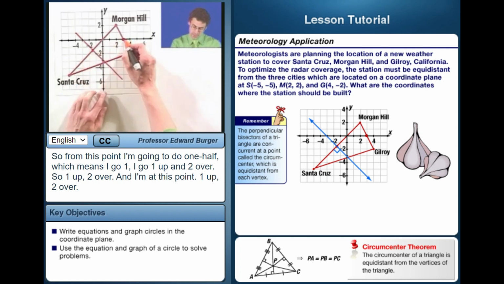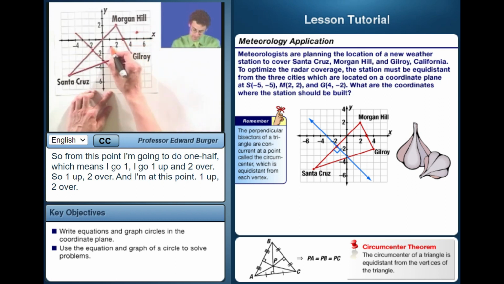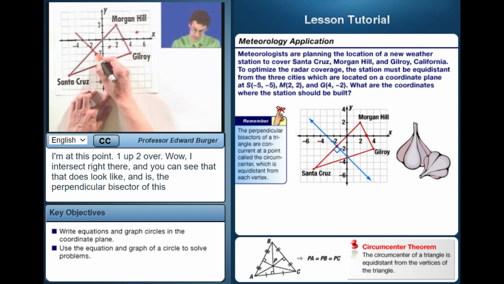So from this point, I'm going to do 1/2, which means I go 1 up and 2 over, and I'm at this point. 1 up, 2 over, I'm at this point. 1 up, 2 over. Wow, I actually intersect right there.